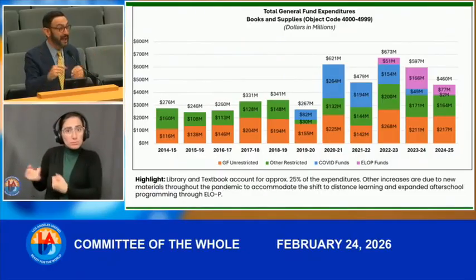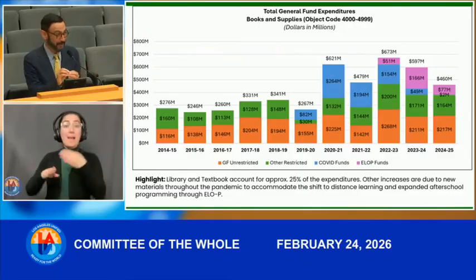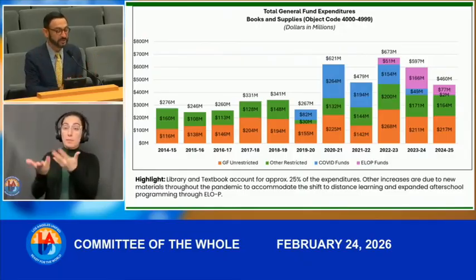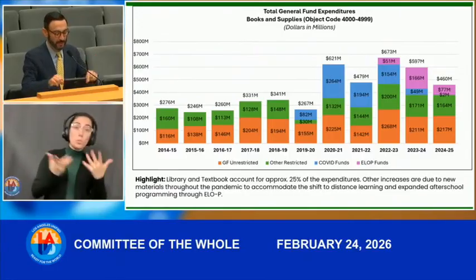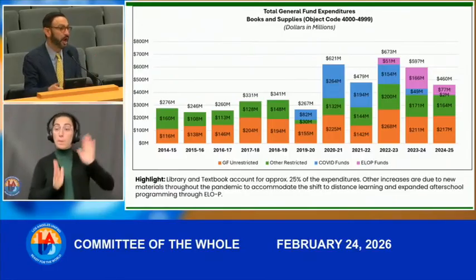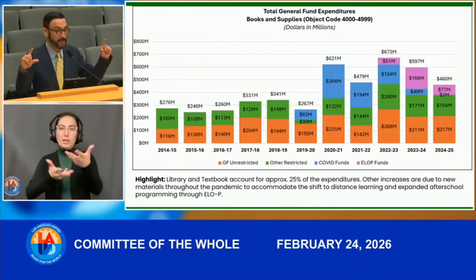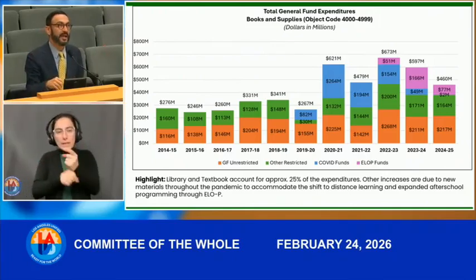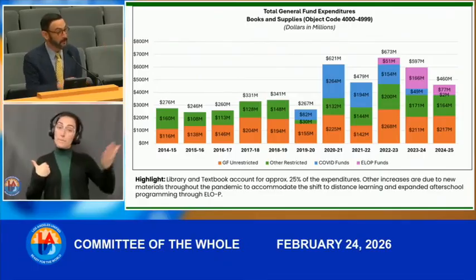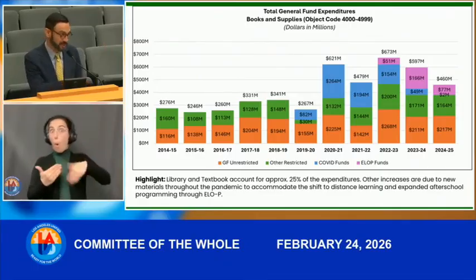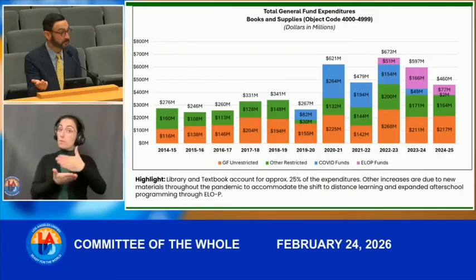And so, but even after those changes get made, even as the budget might get moved somewhere else, we have still seen historically that within the books and supplies categories, substantial underspend or amounts left over at the end of each year within the books and supplies budget. And in the past, what's happened, either all or some of those funds within CENI or the general fund school program would carry over.